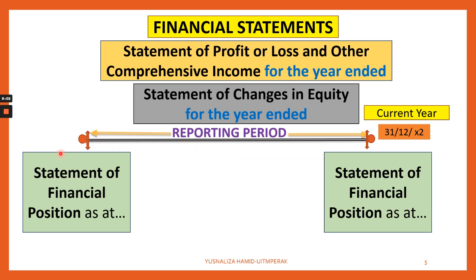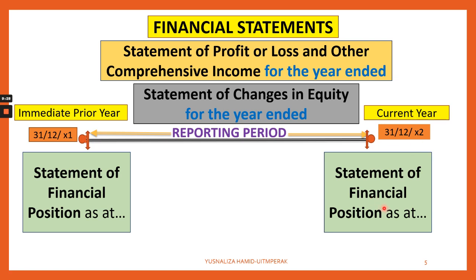And in the previous year, the same statement has been prepared, on 31st of December 2000X1. So these two statements are called comparative statement of financial position. One was prepared at the immediate prior year, and another one is prepared during the current year.